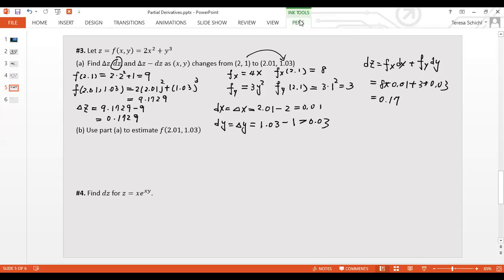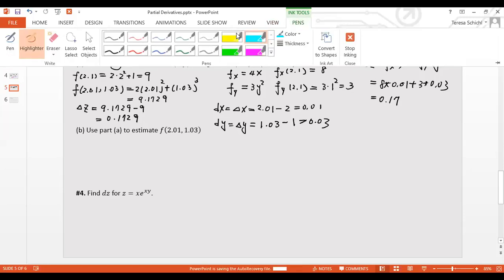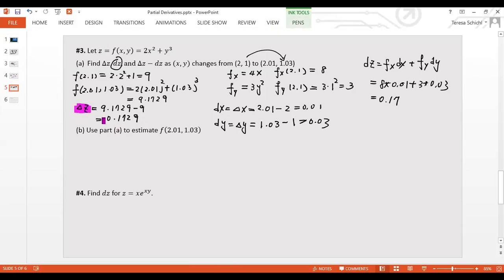Take a look: this is the delta z, 0.1729, the true difference for z, and this is the differential, 0.17. Is that pretty close? Oh, yes, right?